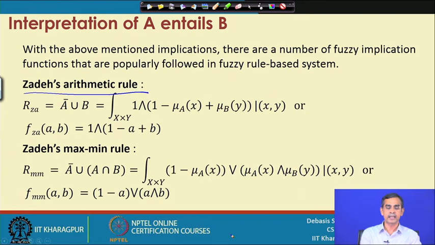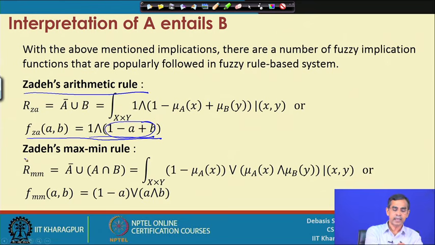It is called the Zadeh arithmetic rule, which means that if two membership values A and B are given, then the relation entries for these two values can be obtained according to this formula. It is basically 1 and the mean of the result of this one. Now, another implication is basically the propositional calculus.